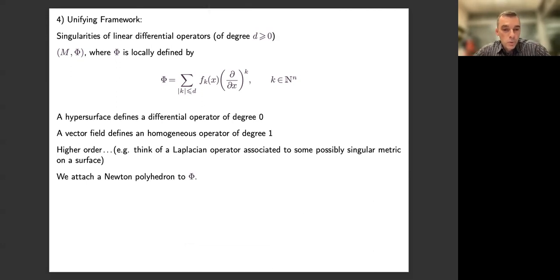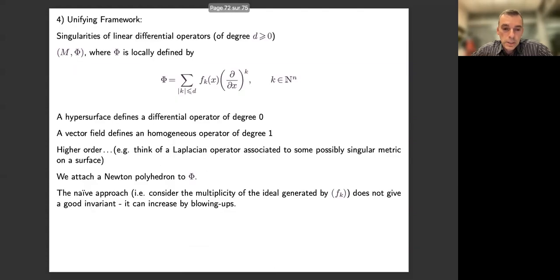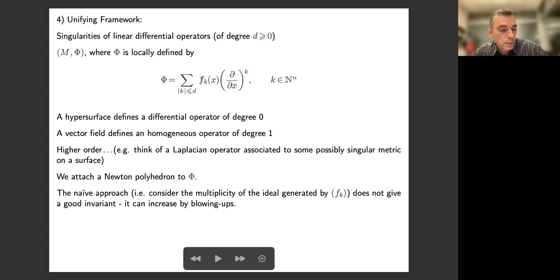So in a few words, the idea is the same as previously. We want to attach a Newton polyhedron to phi. And then we see that it's not very easy, because it's not simply the Newton polygon associated to the coefficients; you have to be careful with the fact that it's not the same thing as desingularizing these coefficients f_k.